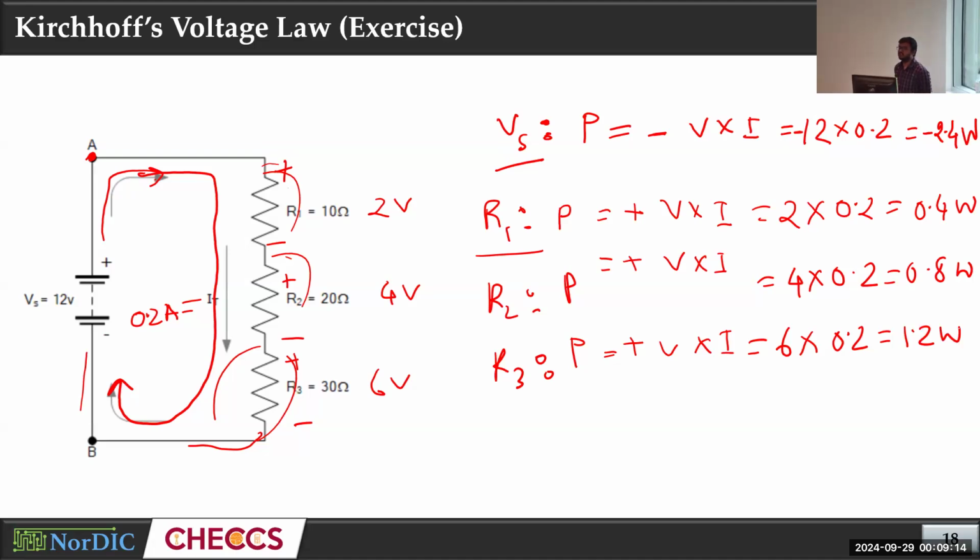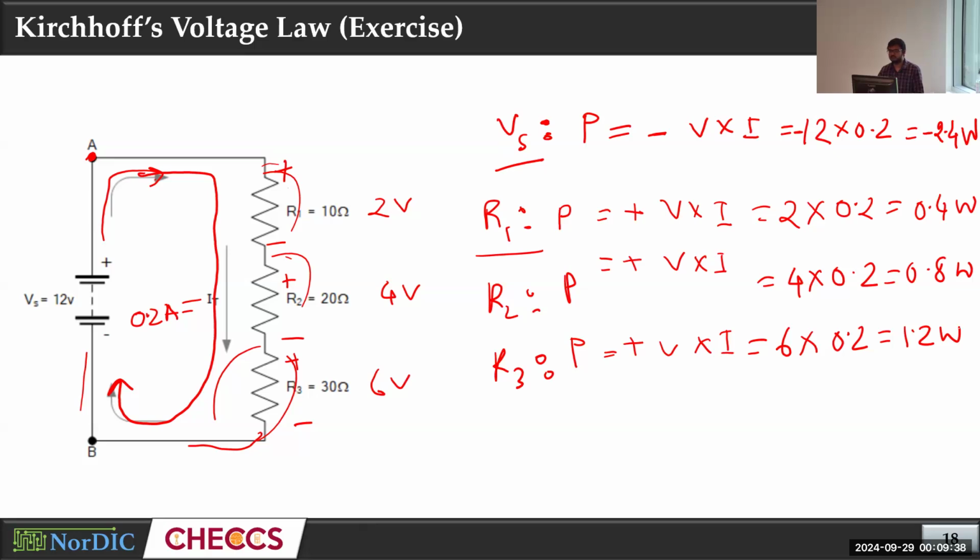Is that clear to this point? These are the power consumptions for all the elements in this circuit. From this, which one is the supplied power and which one is the absorbed power? Can you identify that?